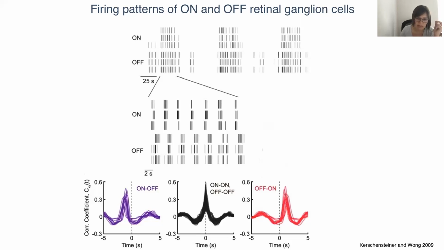The middle is the same-type pairing, on-on, and then the purple and the red are the cross pairings. The purple curve shows the pairing for on-off pairs, pairs of different kind, and you see an offset of this peak at -1 second. That basically gives us a way to quantify what we see in the spike trains: the firing of the off bursts is offset, 1 second later than the firing of the on bursts.